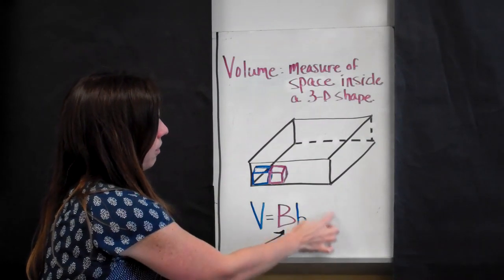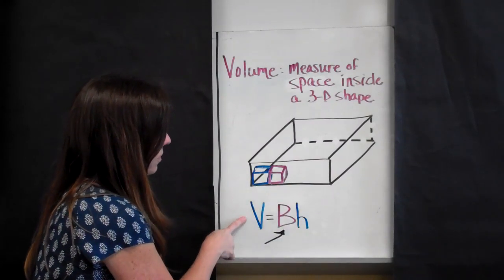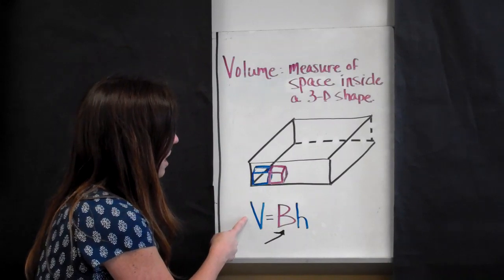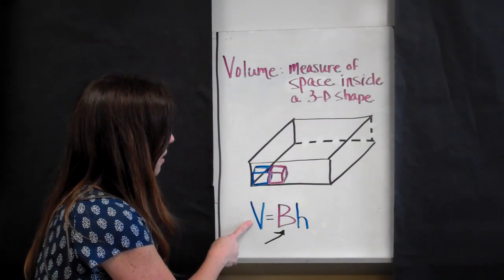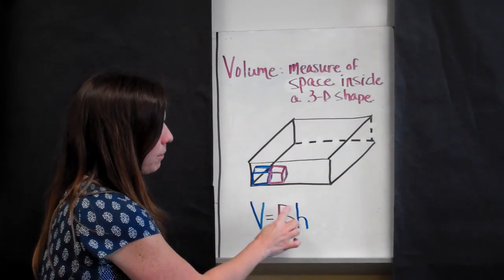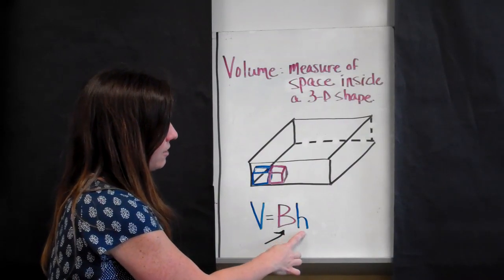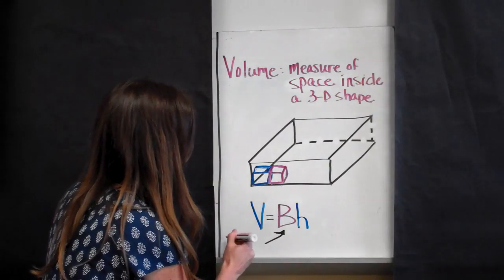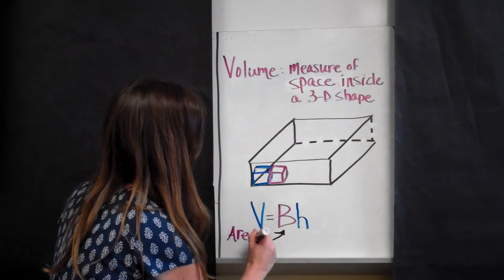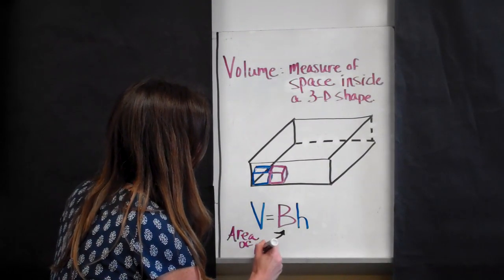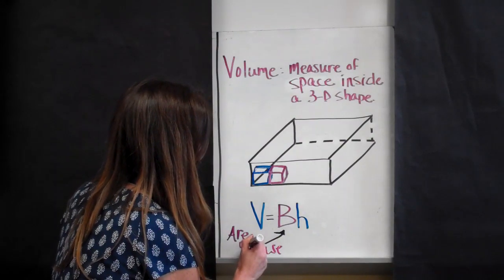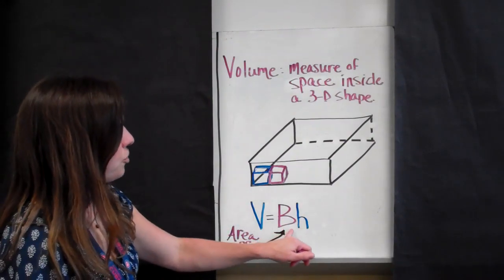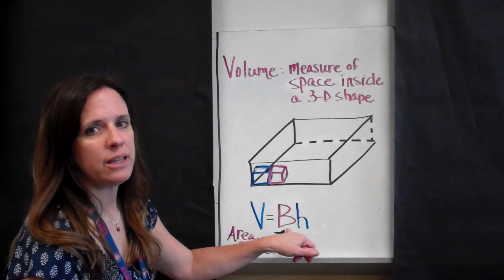Okay? When we calculate volume, we use a standard formula, and volume for any prism is capital B times H. What the capital B means is area of the base. So depending on what kind of prism you have, the value of the capital B will change.